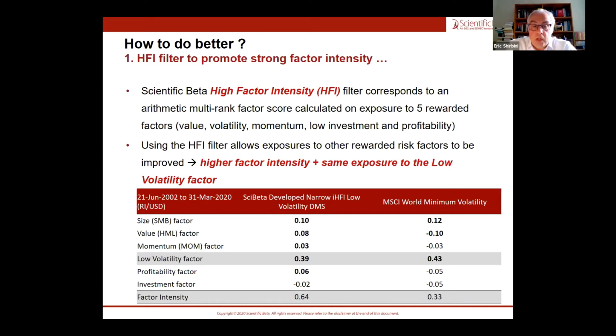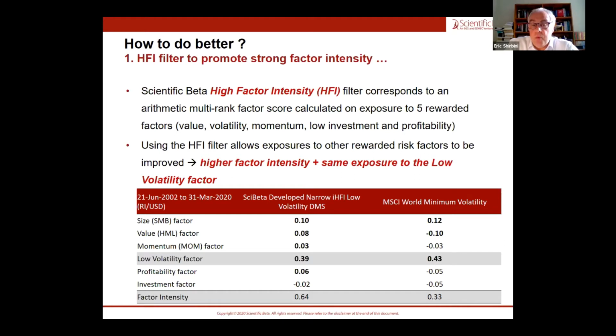You can see the result of this filter in the table in the first column. The ScientificBeta developed defensive low volatility strategy has a strong exposure to the low volatility factor, but now we've eliminated most of the negative exposure to the other rewarded factors.